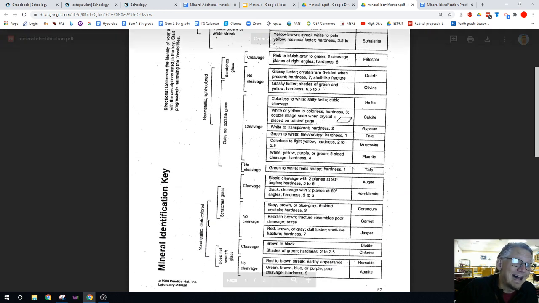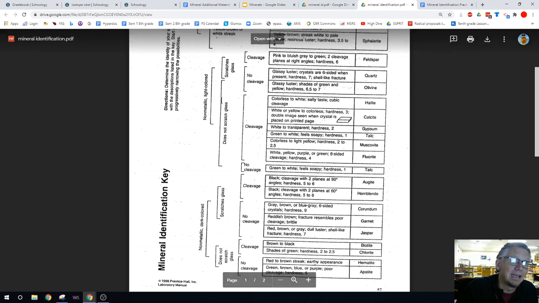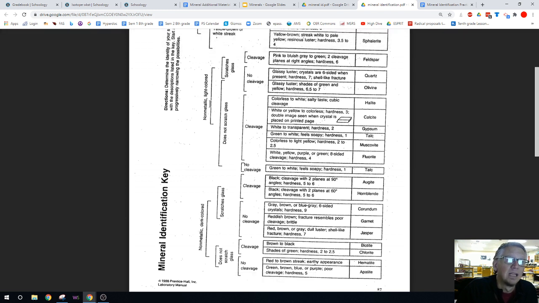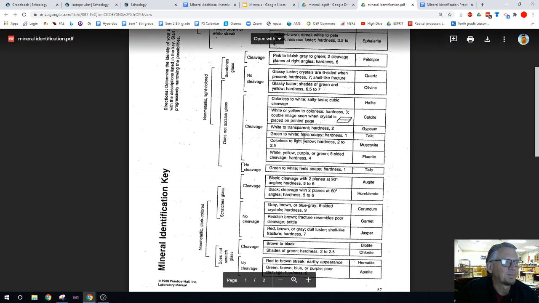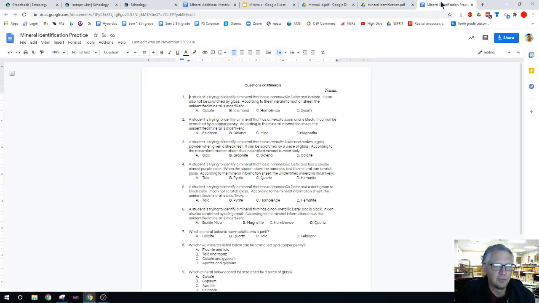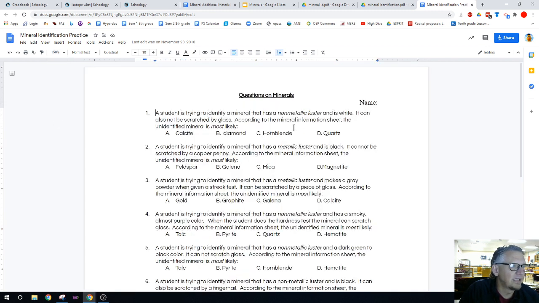Here we have non-metallic dark colored and non-metallic light colored, and then that breaks up into does not scratch glass or scratches glass. And then from there, no cleavage or cleavage. So once again, cleavage means that it's going to break along a flat side, and no cleavage, excuse me, will be fractured. Okay.